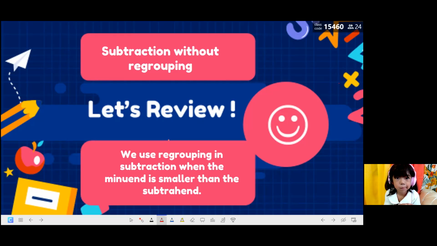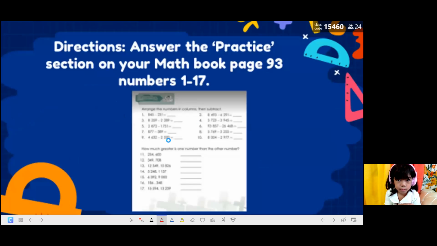Everyone, do you have any questions? No, teacher. All right. For your task, answer the practice section in your math book, page 93, numbers 1 to 17. Don't worry for those who do not have a book. I will upload a picture of the activity so that you will have a guide.